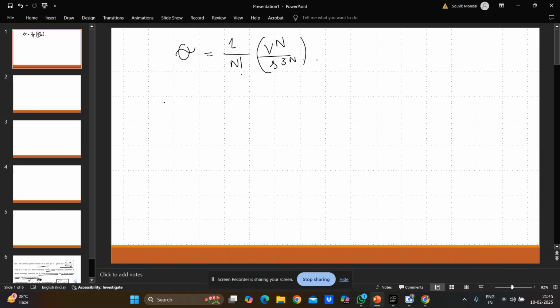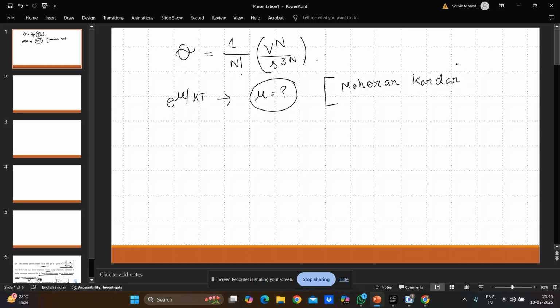To calculate e to the power mu by kT, first thing you need is mu. If you don't know this formula, then I strictly recommend you to read Mehran Kardar. There is a similar kind of problem in chapter 4, on how to calculate this mu from the canonical partition function.